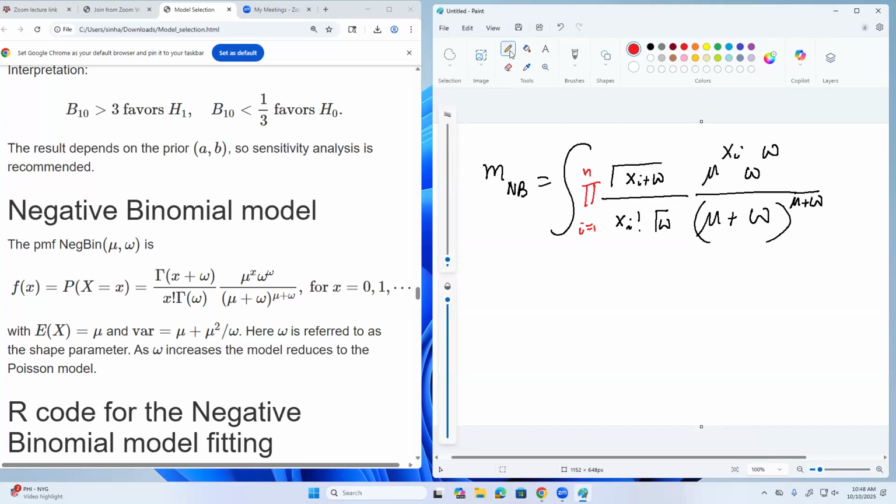So mu had delta in it. So mu, let me write mu in terms of delta. And you have a gamma prior for omega.